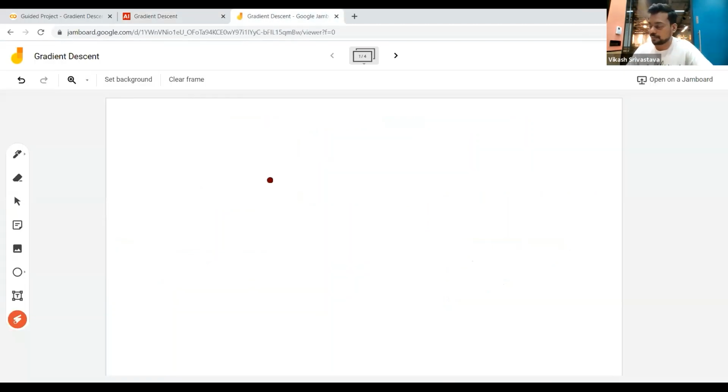So I have in this Jamboard this function f(x), which is simply x square plus 4x. What I want to do is essentially find the minimum of this function.